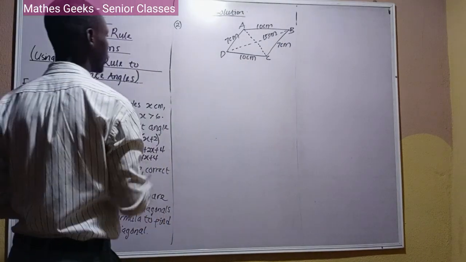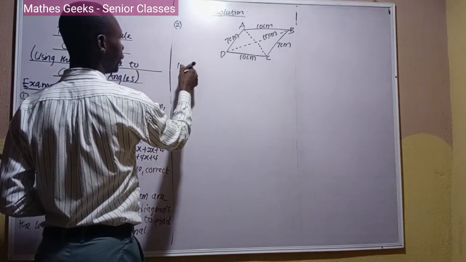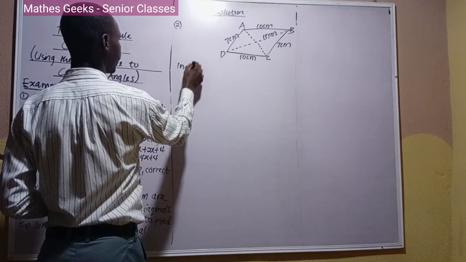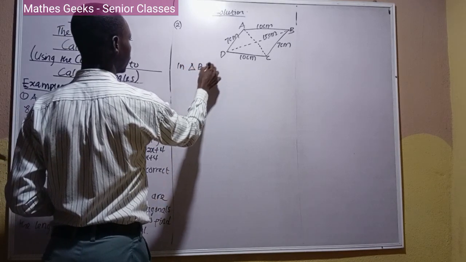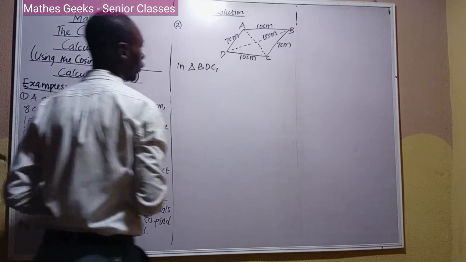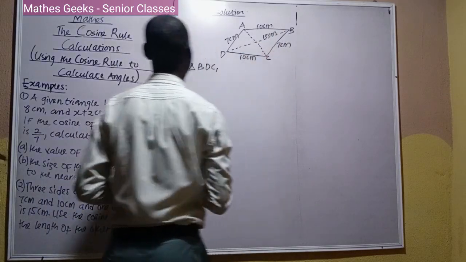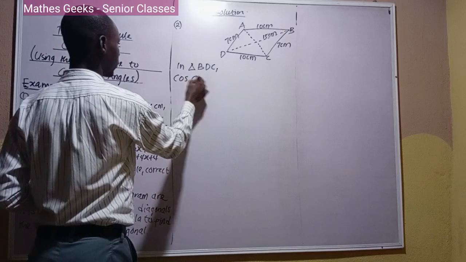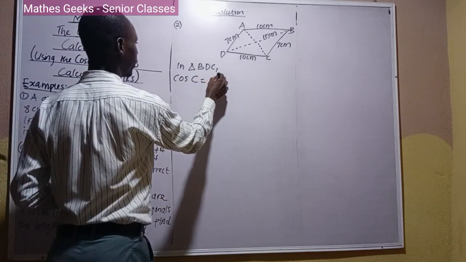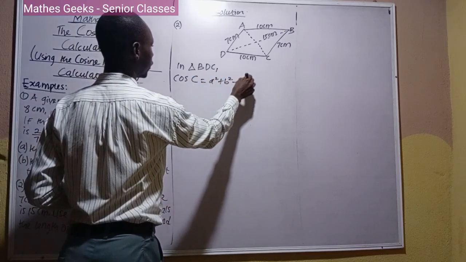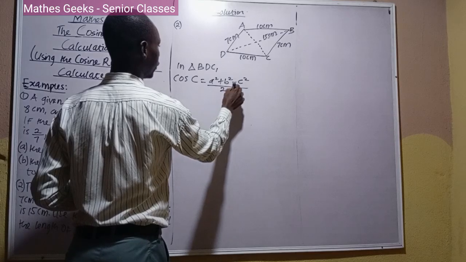So next thing is in triangle BDC. In triangle BDC, what we observe is that the three sides are given. So you can get this angle: cos C is equal to a squared plus b squared minus c squared over 2ab.